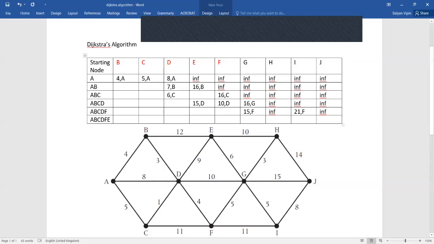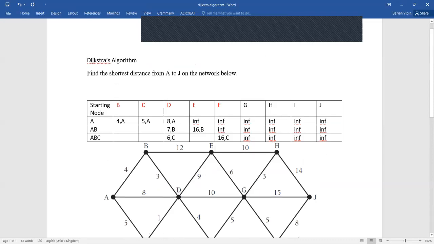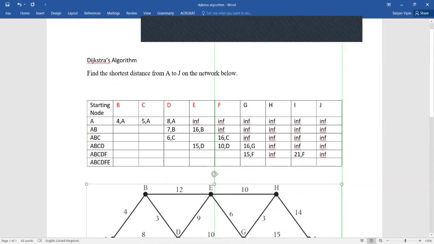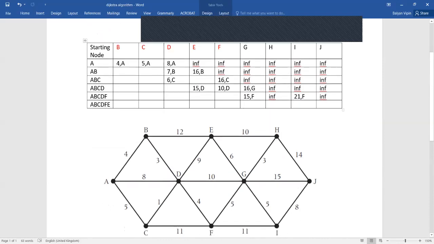If there is a change, we will use only the values which are giving us the least cost to reach from one node to another. Now, so we are not going to change from the help of E anything with respect to G. Now, if you see E to H, the cost is 10.